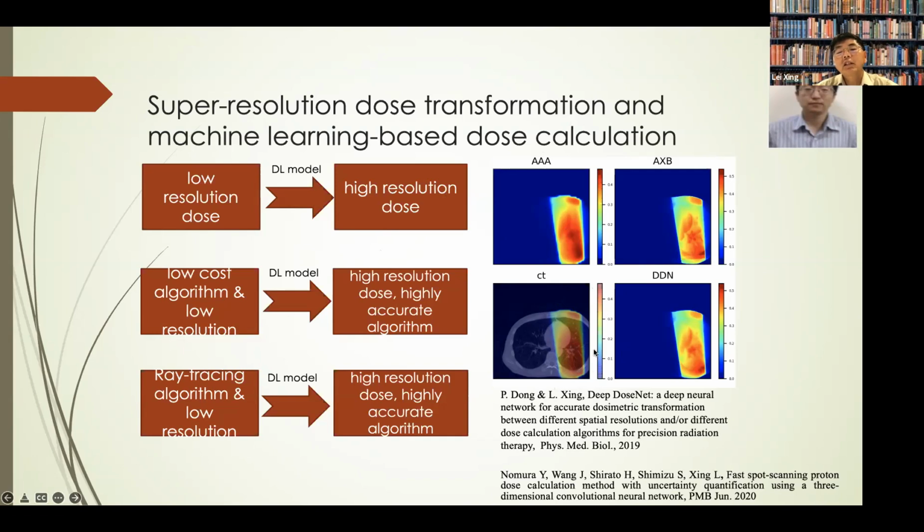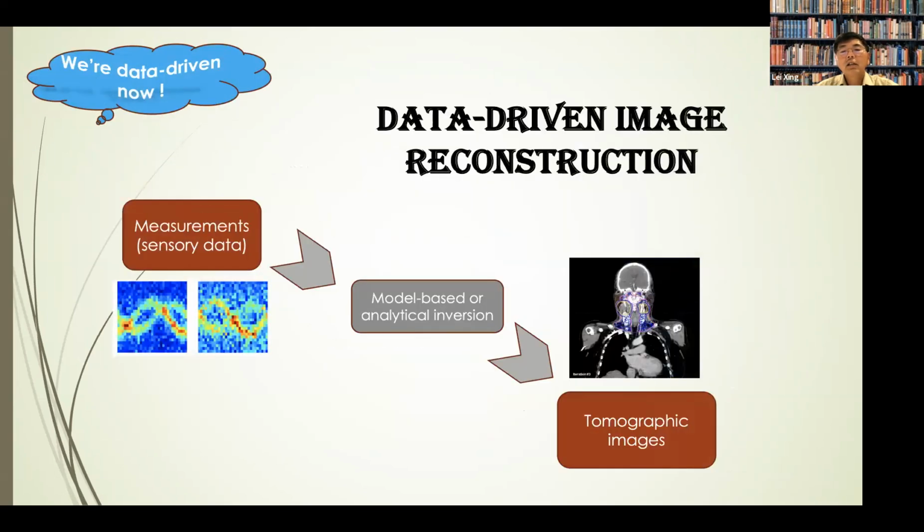When you do it in a coarse spatial resolution, this calculation will be much faster because the time goes up with the cube of your grid size. So here you can get highly accurate distributions, yet without paying for the heavy computational time, right?